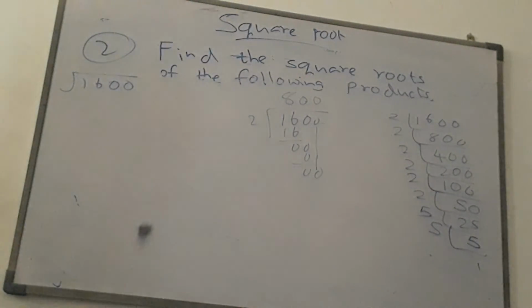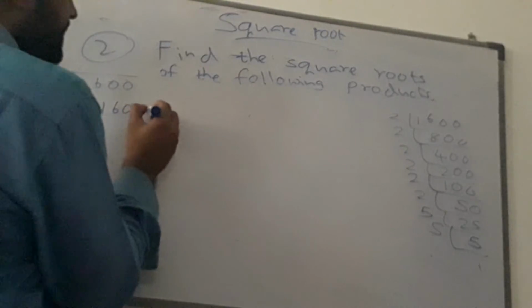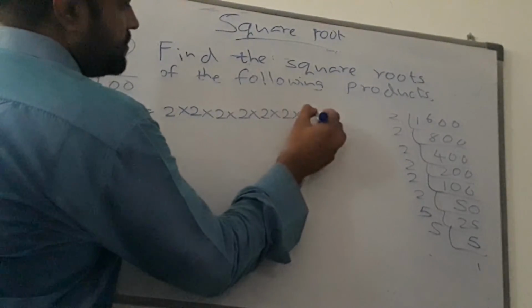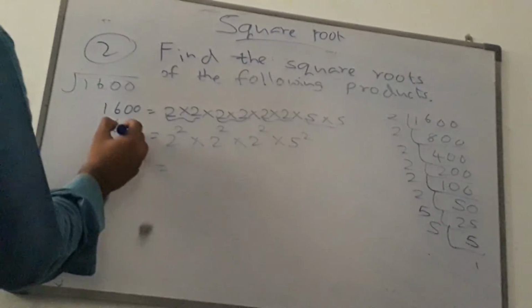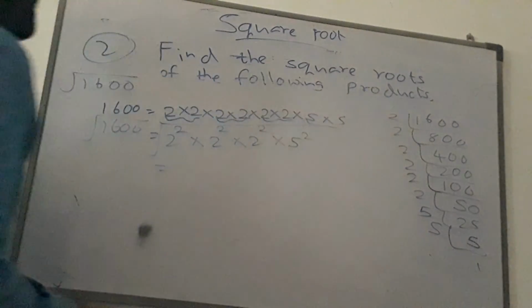Now we will try to find the square root through factorization. So 1600 can be written like this: 2 times 2 times 2 times 2 times 2 times 2 times 5 times 5. Now I am going to pair these: one pair, second pair, third pair, and last. 2 square times 2 square times 2 square times 5 square. So the square root means the square root of all this.